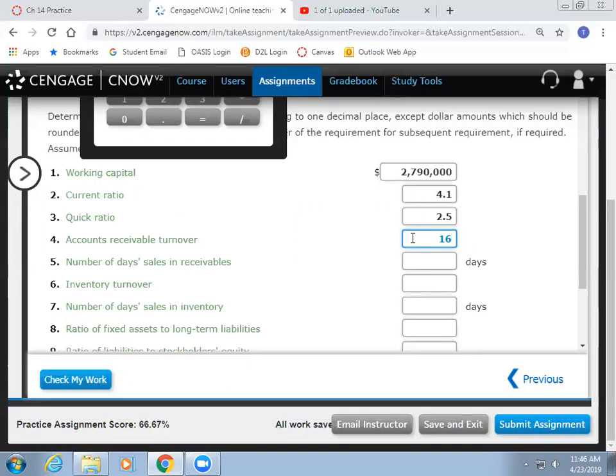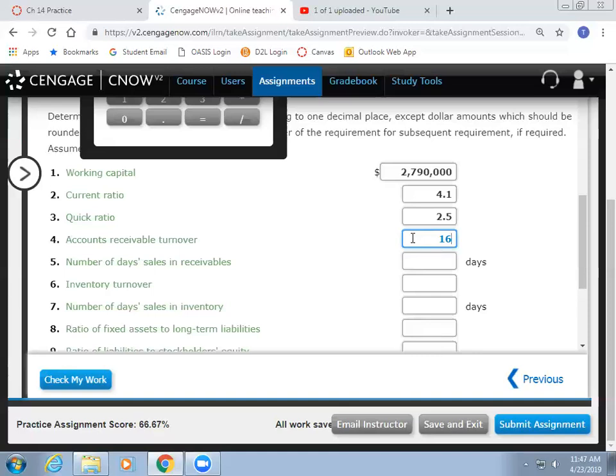The next one, we're looking at the number of days sales in receivables. So how long does it take for someone to actually pay their accounts receivable? So you notice we're still using the average accounts receivable, okay? So we're still going to use the 625,000 that we just calculated, but now we're dividing by average daily sales. So we have to calculate that. It's fun, right? Lots of calculations.